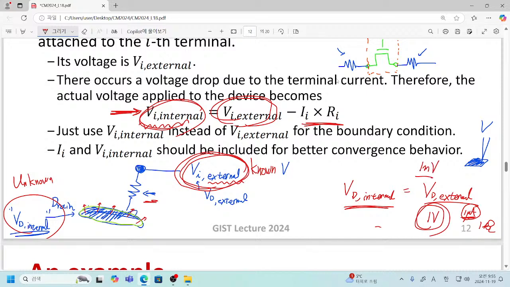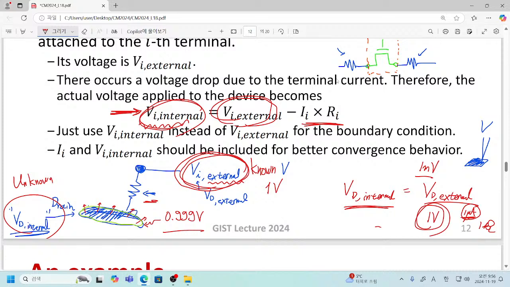So although you apply 1 volt, the actual value you apply to your internal drain contact is no longer 1 volt but 0.999 volt. So that should be considered in this way.